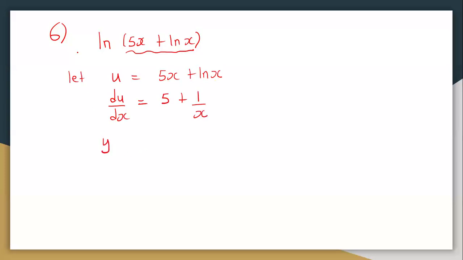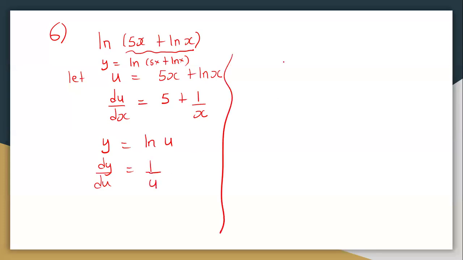Then remember now that your y is going to equal ln of u. So meaning that your dy/du will equal 1 out of u. So when you go back, it means you say that my dy/dx will equal dy/du times my du/dx.